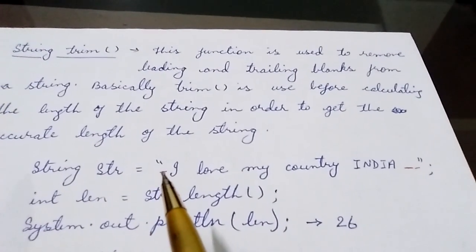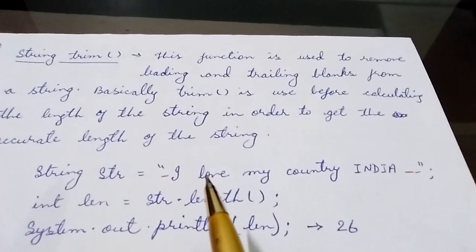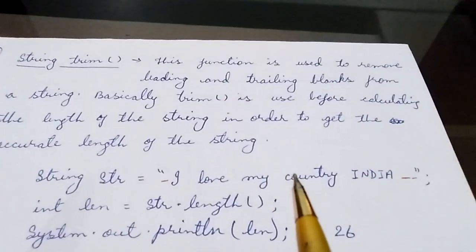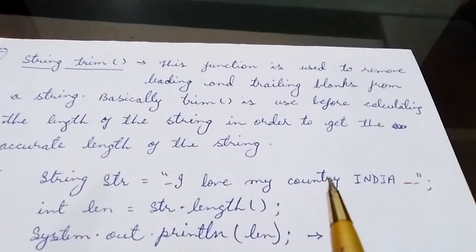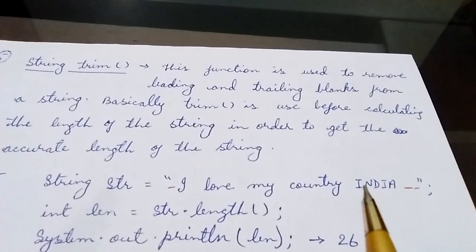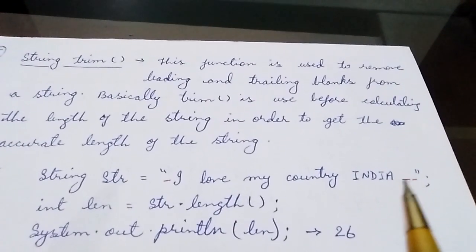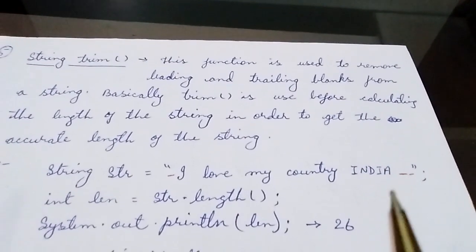As we see, 1, 2, 3, 4, 5, 6, 7, 8, 9, 10, 11, 12, 13, 14, 15, 16, 17, 18, 19, 20, 21, 22, 23, 24, 25, 26. There are 2 white spaces here left.